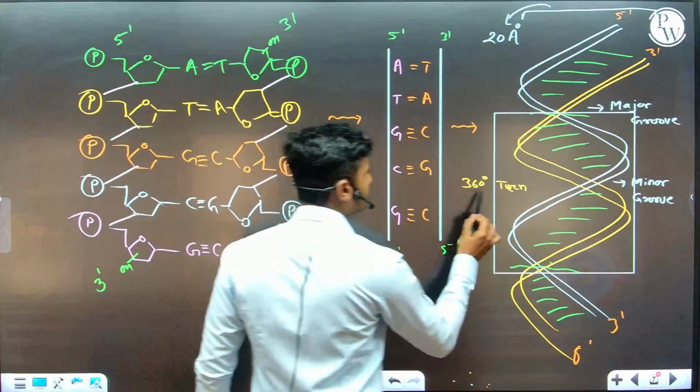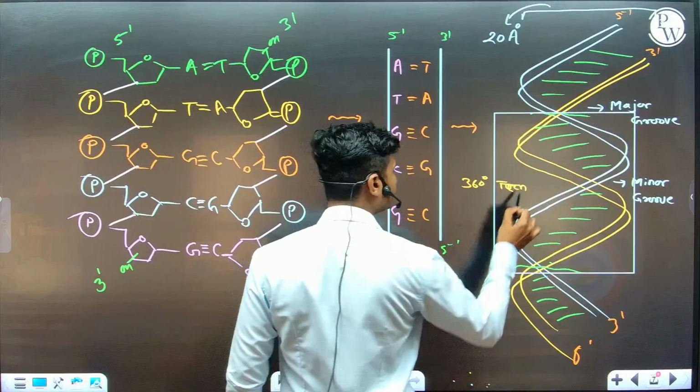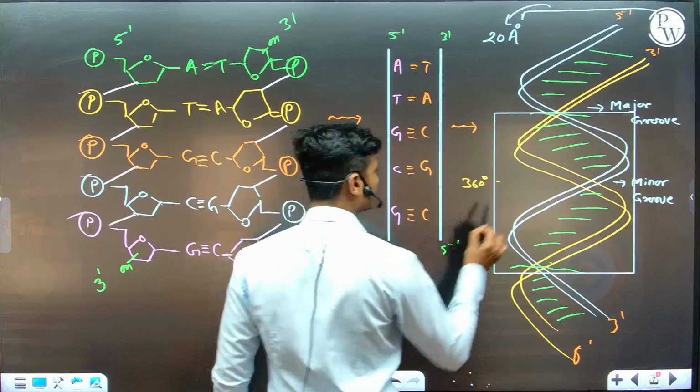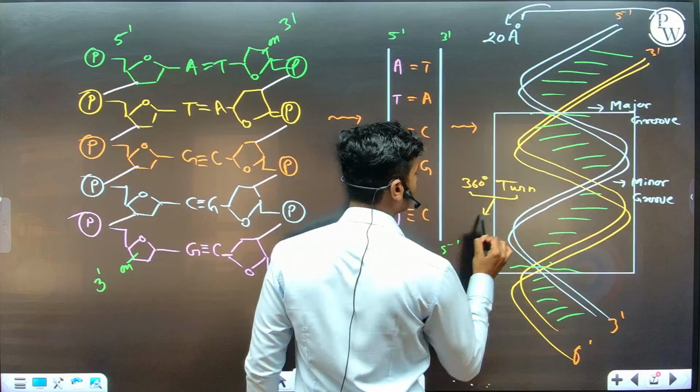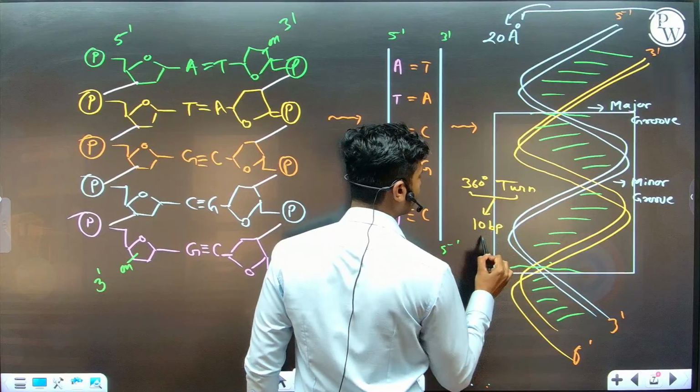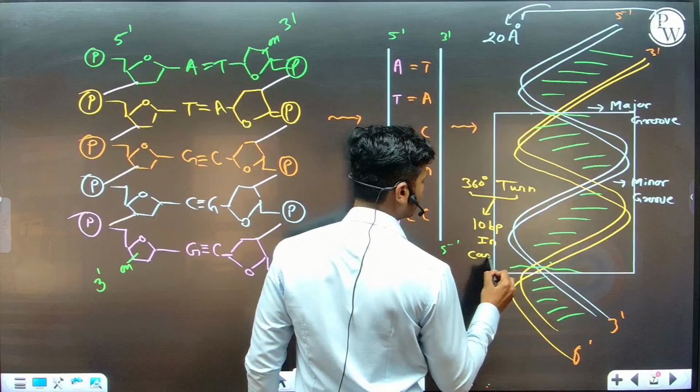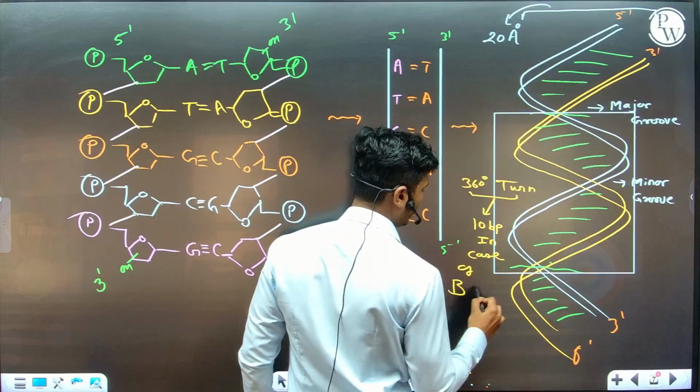In that 360-degree turn, there are 10 base pairs in case of B DNA.